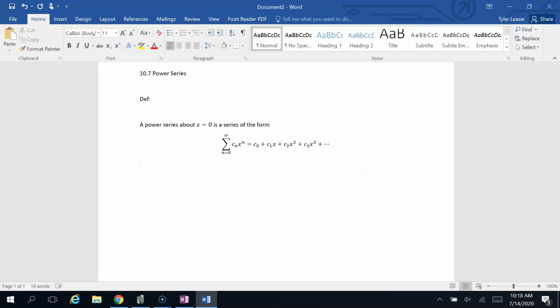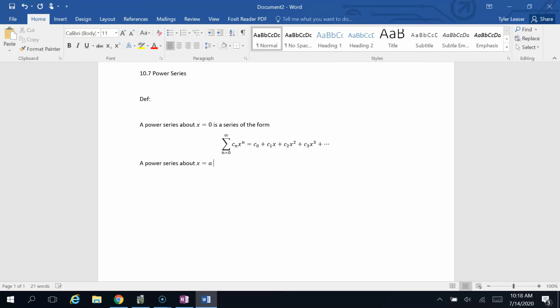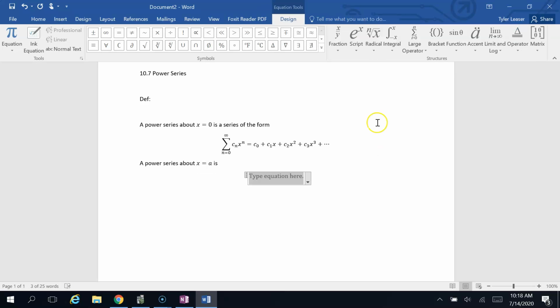Cool. We don't always have to start at 0, so let's look at another power series. This time let's start about x equals a. So for this one, it's a very similar definition, still going from 0 to infinity. The only difference is that you're going to have an x minus a inside.